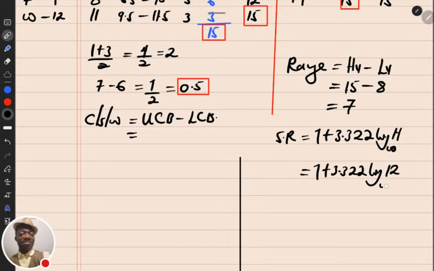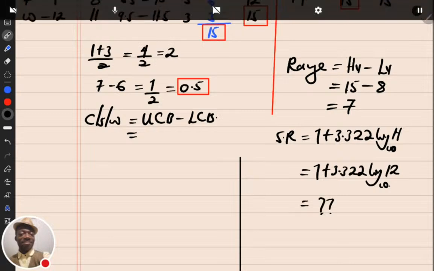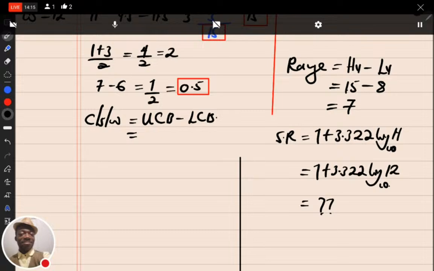With the help of our calculator, we're supposed to be able to do this and get the answer. Drop in a comment for your answer for Sturge's rule, and let's see if that's true. So that is the whole idea when it comes to Sturge's rule.